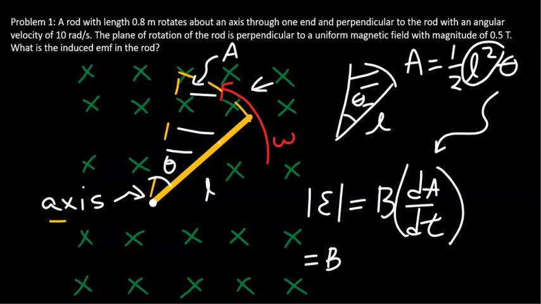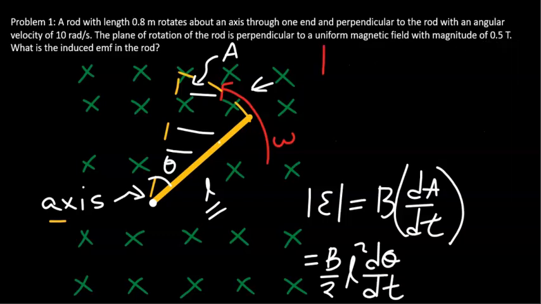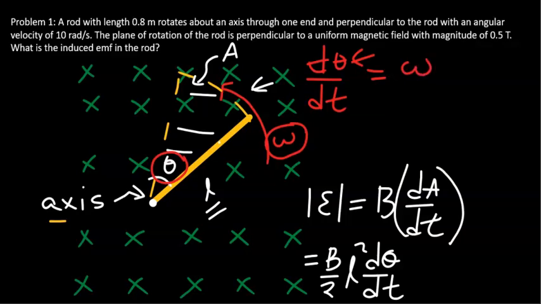L is the length of the rod in this case. It can be taken out together with the half like that. d theta/dt is the rate of change of this angle as the rod moves, and that is quite simply the angular speed, omega.